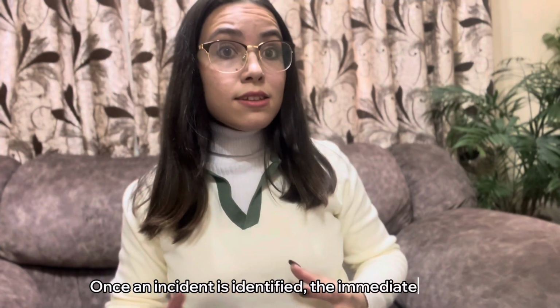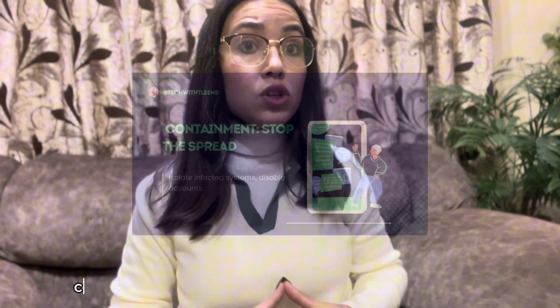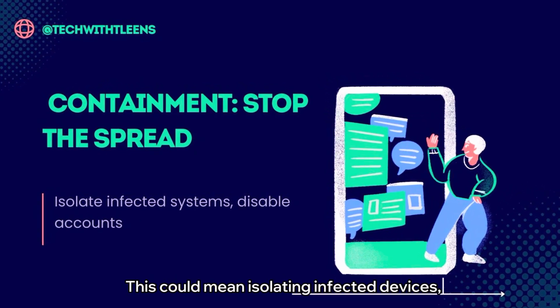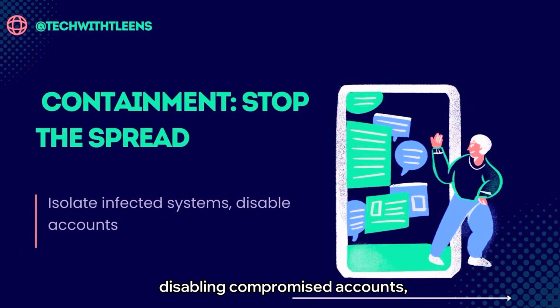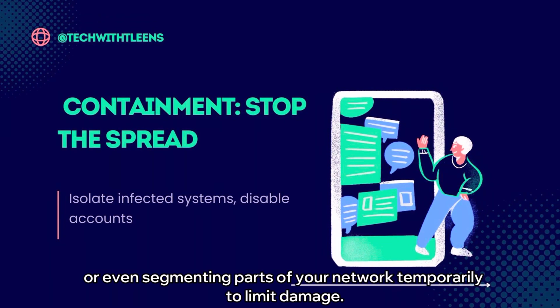Once an incident is identified, the immediate focus is containment, stopping the threat from spreading further. This could mean isolating infected devices, disabling compromised accounts, or even segmenting parts of your network temporarily to limit danger.